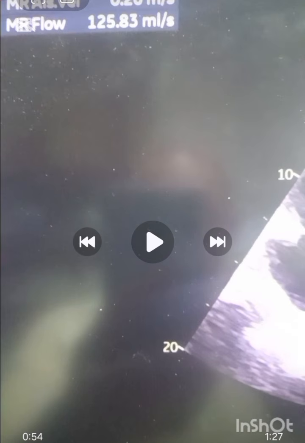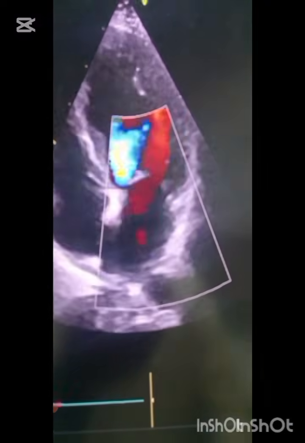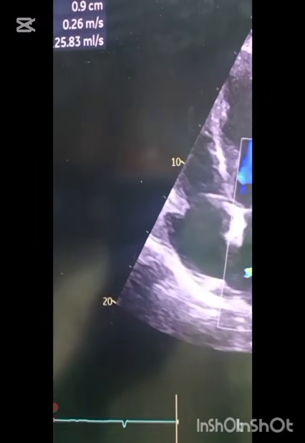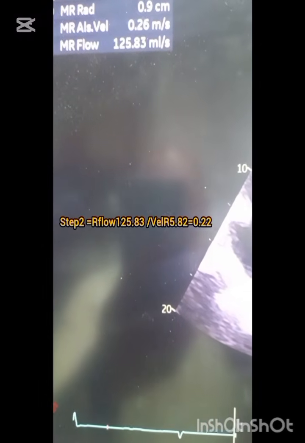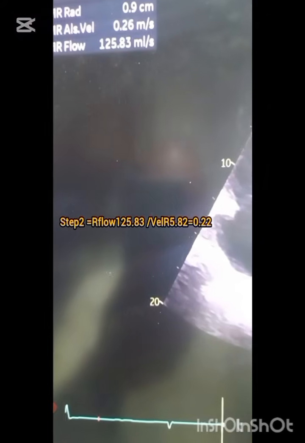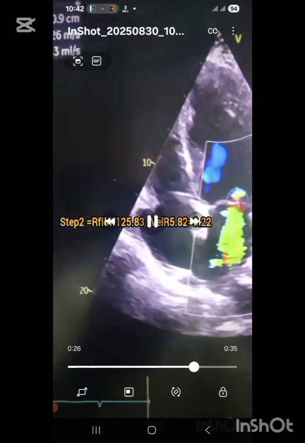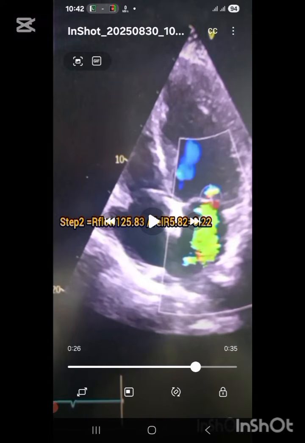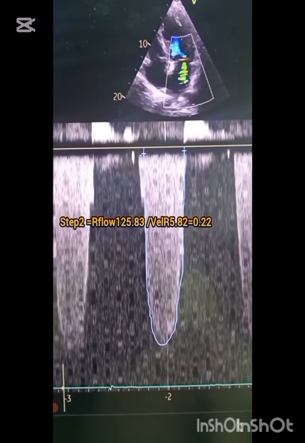Now we calculate the effective regurgitant orifice. In the first step we calculate the regurgitant flow, which is 125.83 milliliter per second. In step 2, the regurgitant flow is divided by the regurgitant velocity.